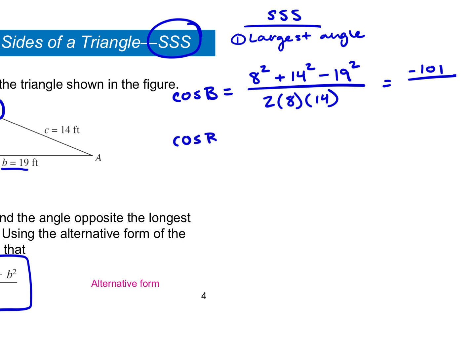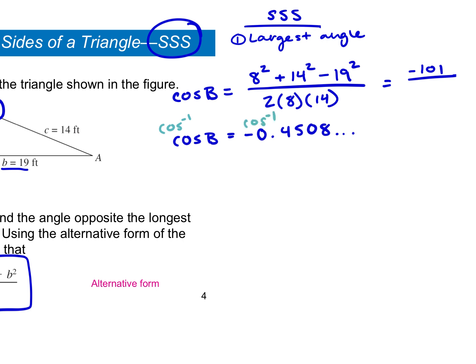So we get cosine of B is equal to negative 0.4508. It keeps going. Remember, this isn't our final answer. How do we find what angle B is? We do the inverse cosine, so that cosine -1 button, second cosine in our calculator.